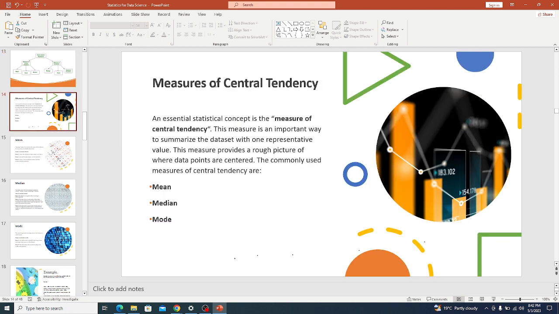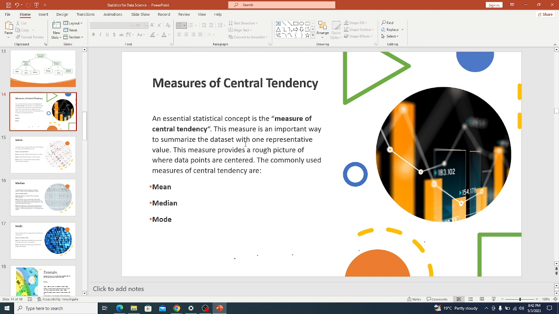So under central tendency, an essential concept is the measure of central tendency. This measure is an important way to summarize how our data set is represented. I don't want to say distributed, because when I say distributed, we will be talking about variance. This measure is important as it summarizes the whole data set with one value.